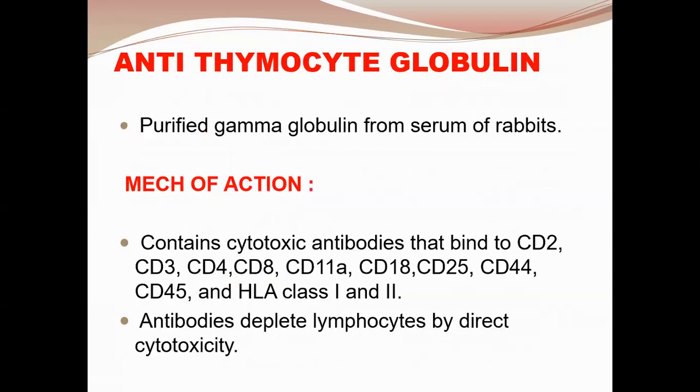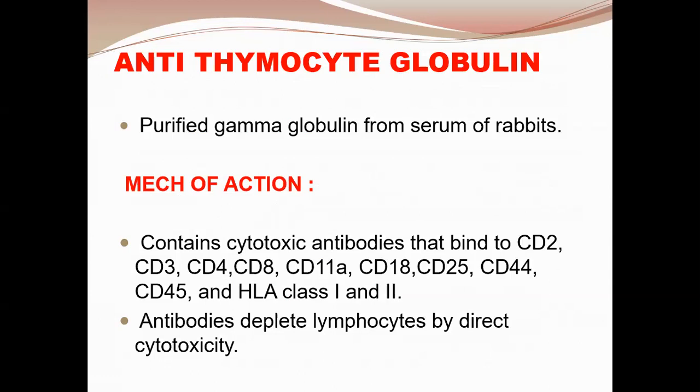Now, when you talk about anti-thymocyte globulin, it is purified gamma globulin derived from the serum of rabbits. What is the mechanism of action of anti-thymocyte globulin?